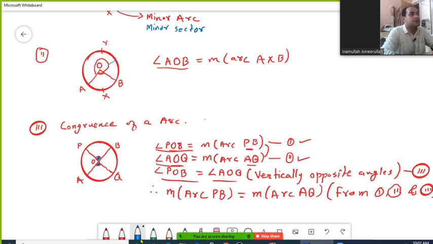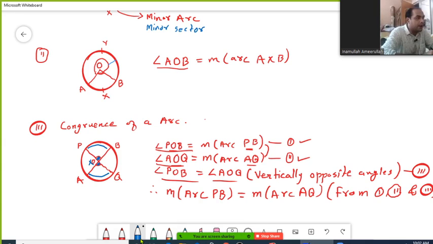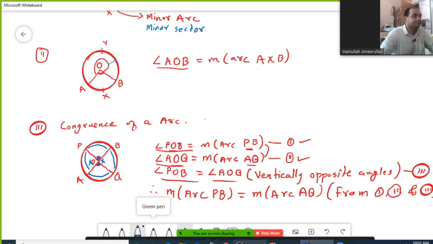So in that case, on the basis of this, I can say arc PB is equal with arc AQ. Same way, I can say this angle POA is equal with BOQ because they are vertically opposite angles, and in that case arc PA will become same as arc BQ.